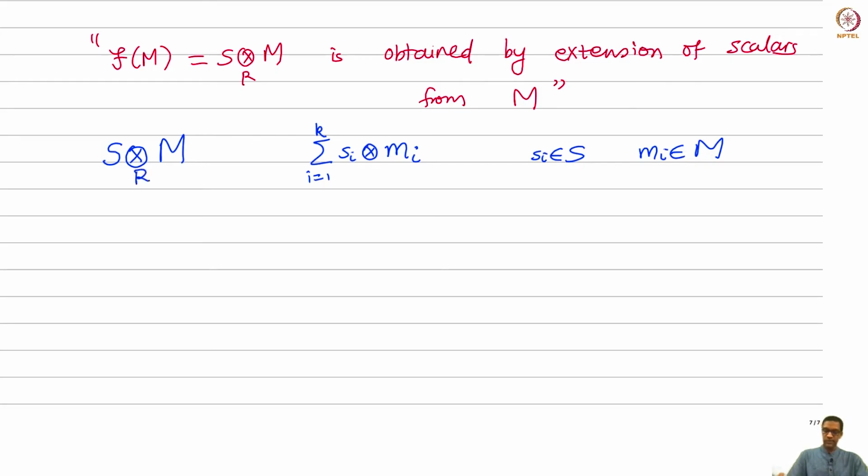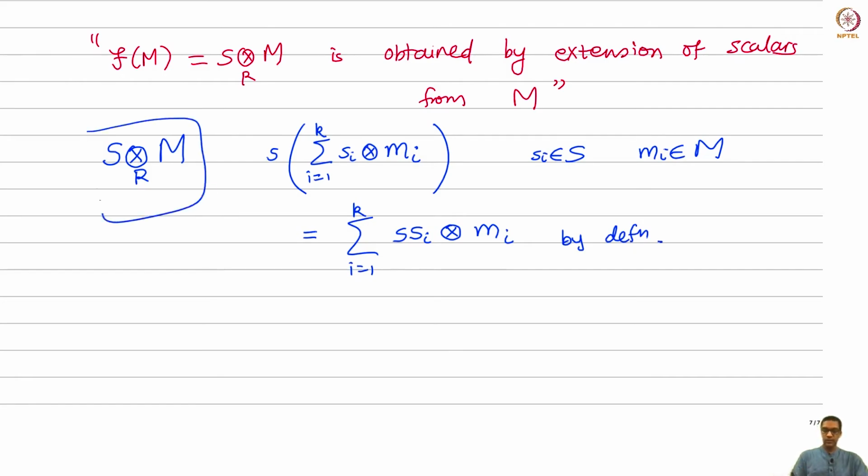But what is scalar multiplication? If I take a scalar s from S and act on it, recall how this whole bimodules business worked with tensor products: this is just obtained by multiplying the first component by s. This was the definition. So this is how scalar multiplication works on this new module S tensor M.